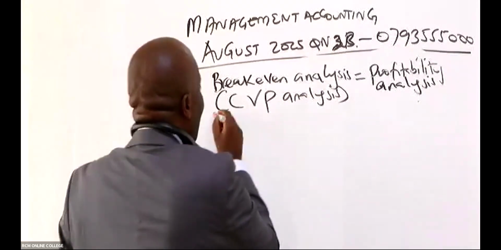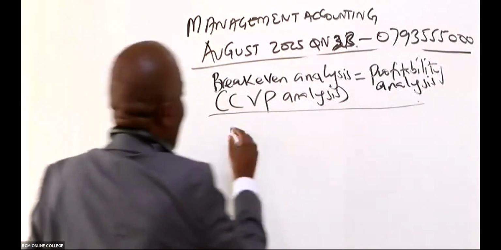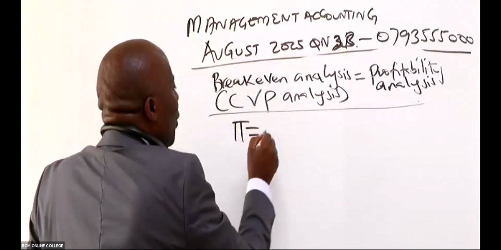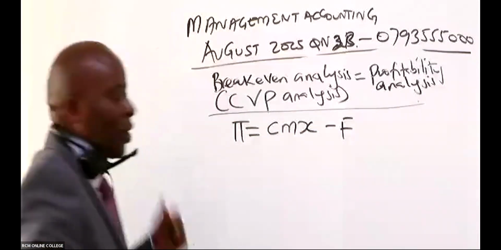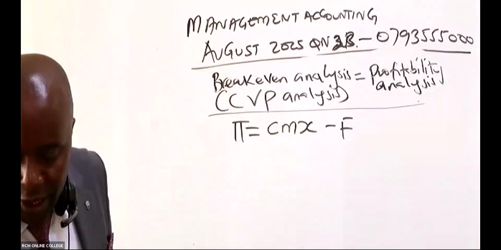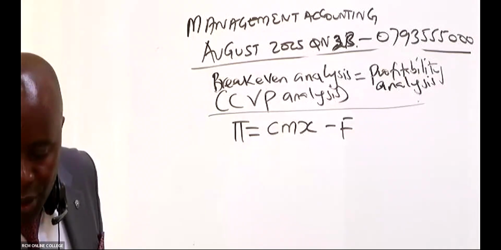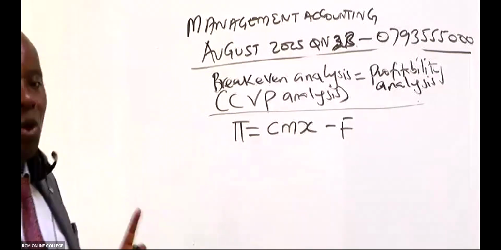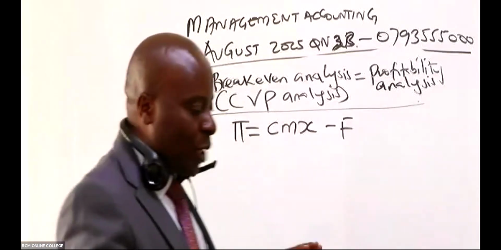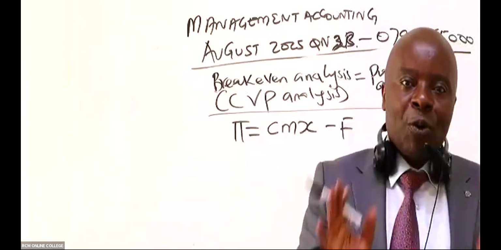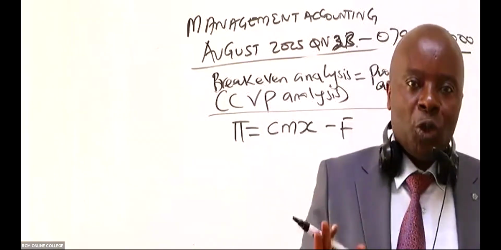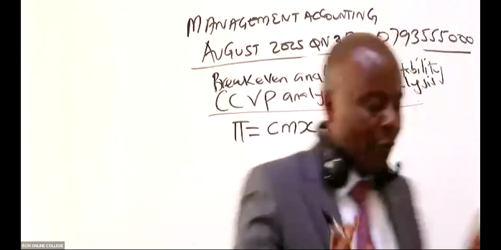If you remember very well, in the profit equation, our profit will always be equal to total contribution minus fixed cost. So anytime you want to get profit, ladies and gentlemen, you get profit by getting the total contribution minus fixed cost.